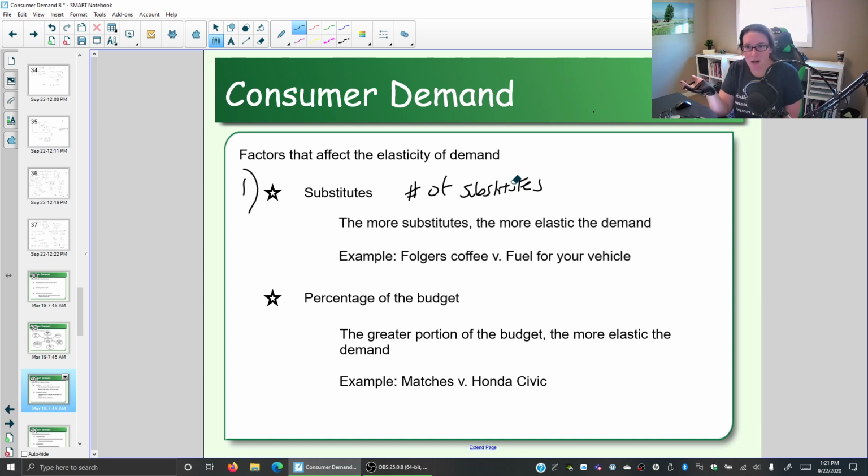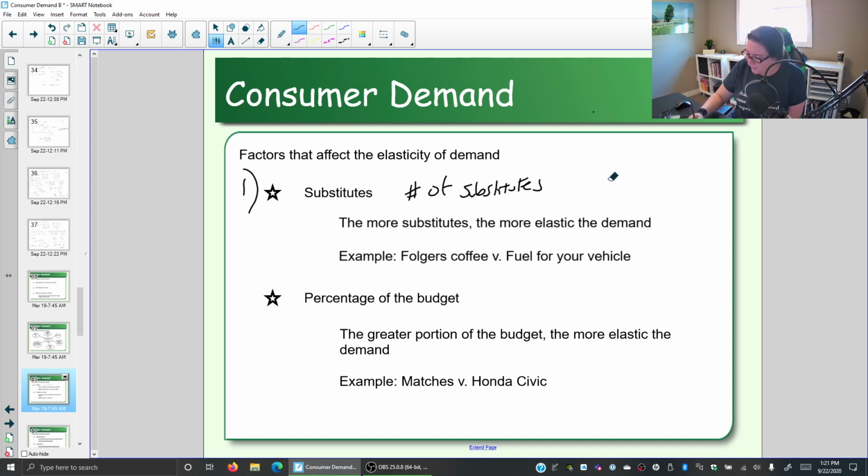Well, if your car is like my car, gas, right? There are very few substitutes or alternatives. So if you're trying to get to work today and the price of gas is now double, what do you do? Well, you're still going to pay anyway, right?